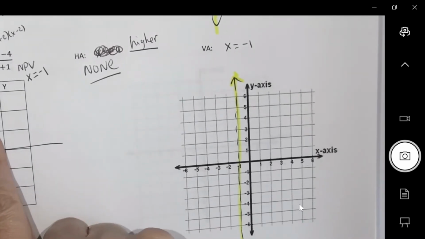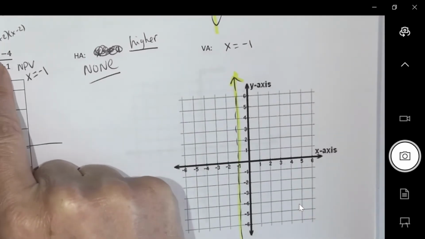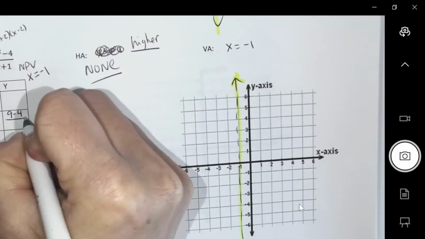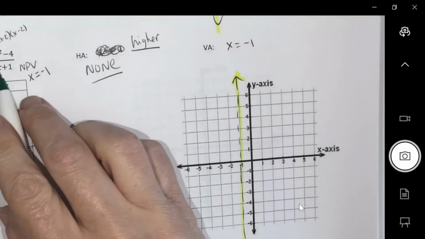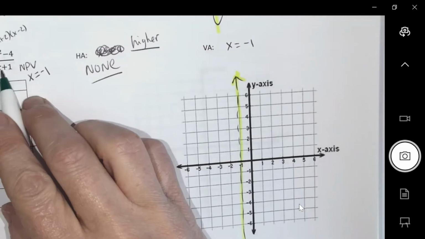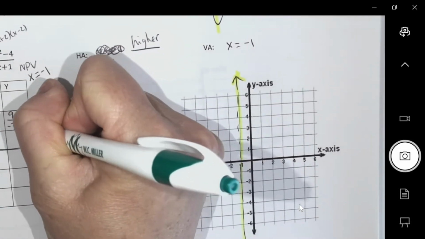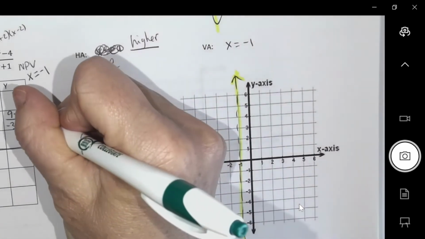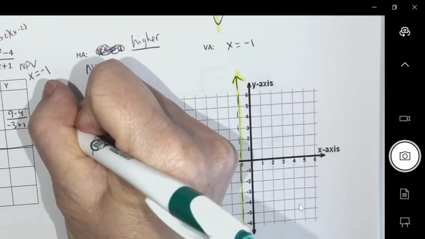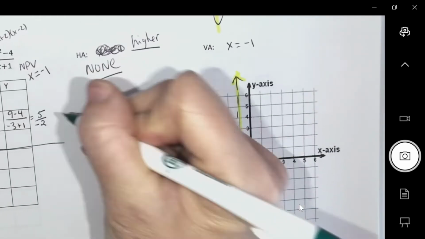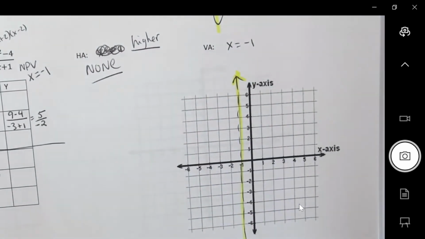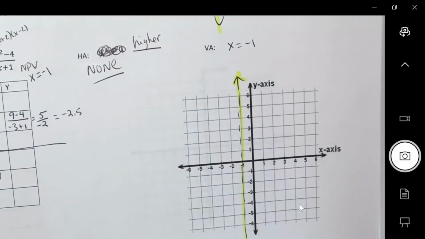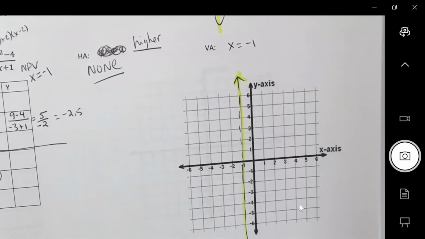So let's plug in -3. Ready? -3 squared is 9, minus 4, over -3 plus 1, makes what? 5 over -2, so -2.5.